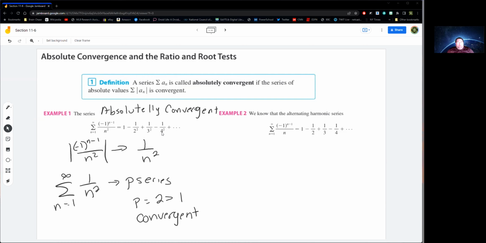If we look at the next one, this was the alternating harmonic series, which we know from the last class is convergent based on the alternating series test. However, if I take the absolute value of that, I get 1 over n.